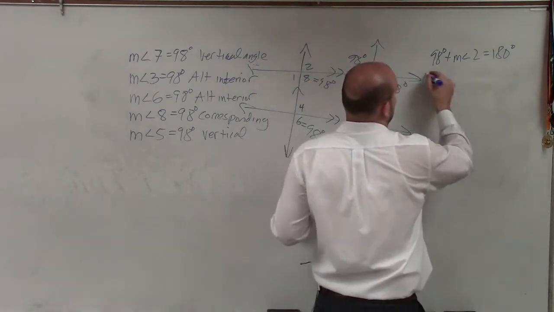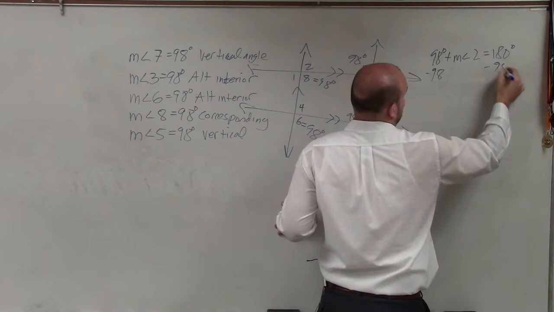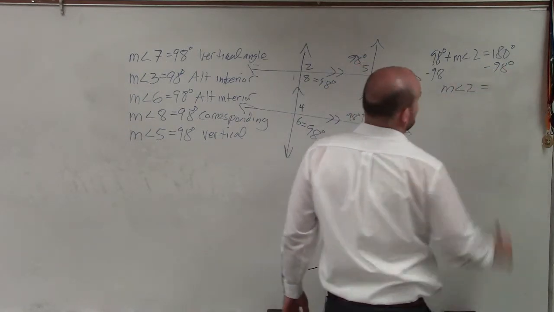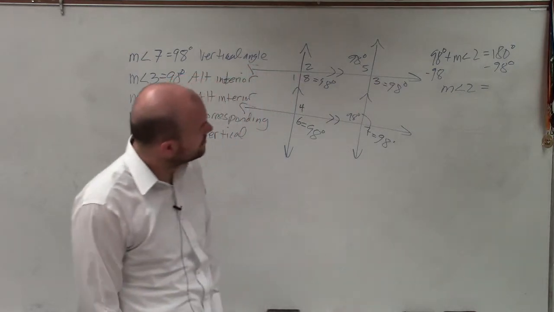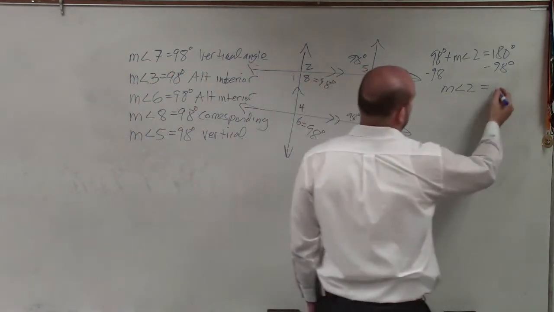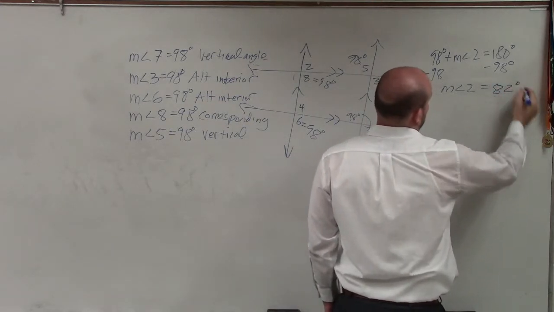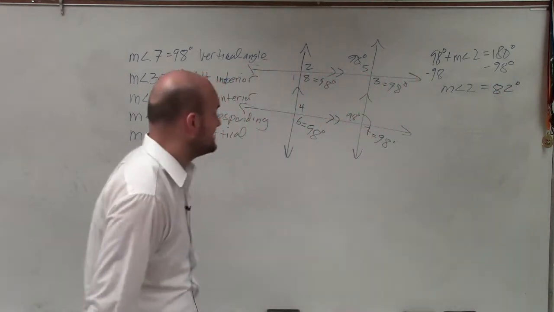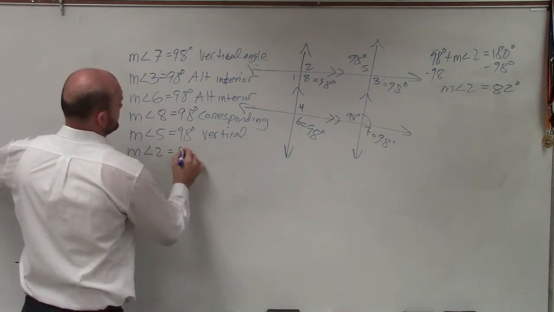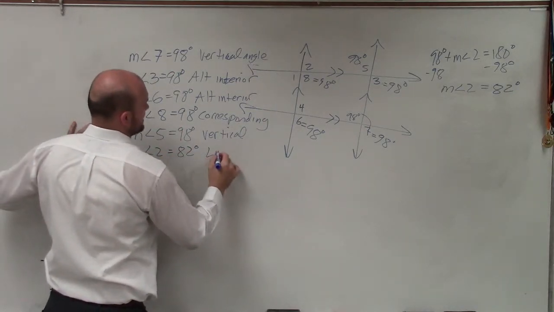So now all I'm going to do is subtract 98 degrees. And so the measure of angle 2 is 82 degrees. So I can say the measure of angle 2 equals 82 degrees because that is a linear pair.